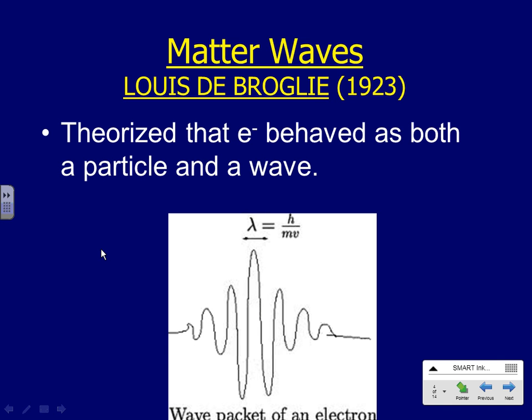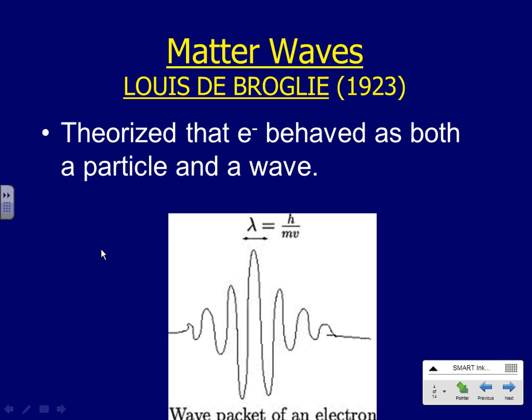So he essentially asked the question, okay, if light that we thought was a wave can behave as a particle, like a piece of matter, then maybe particles, which we know are particles, can behave like a wave. Why don't we just take the whole thing and turn it on its head? If light waves are now going to behave as particles, then why can't particles like electrons behave as waves? Things made of matter, material, now having a wave property.